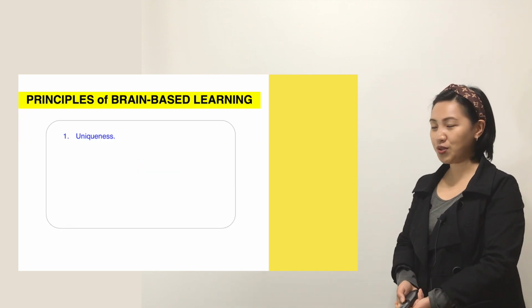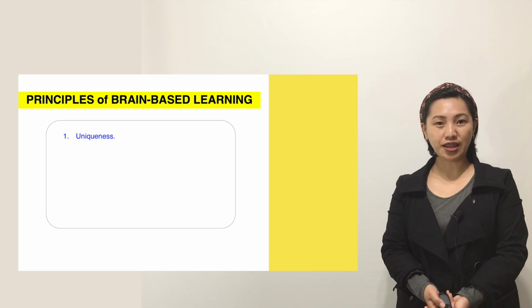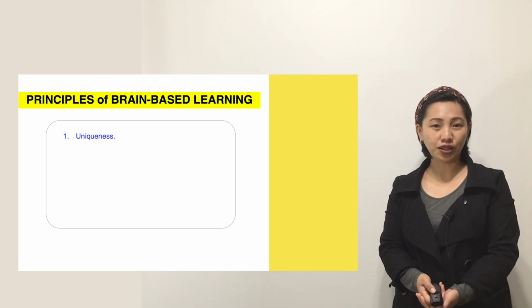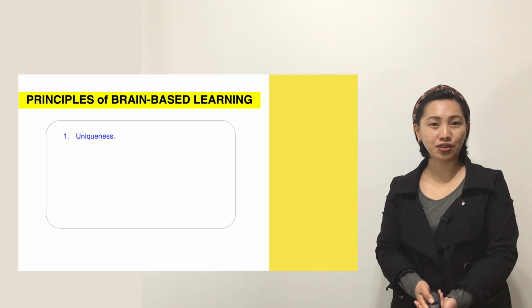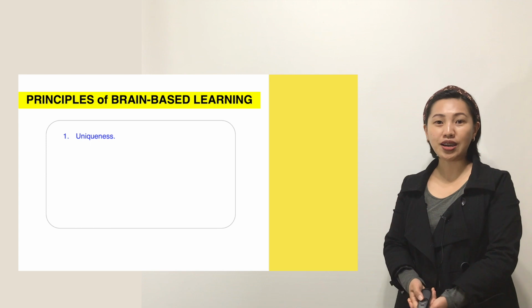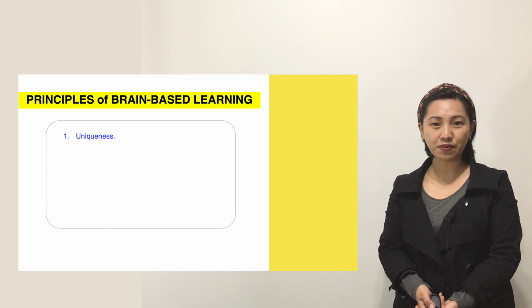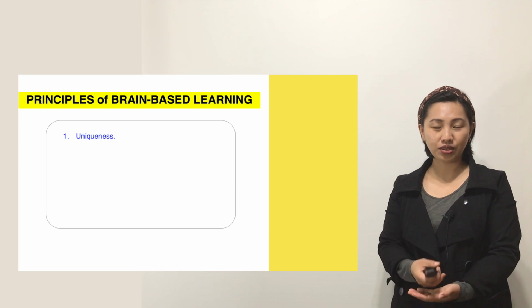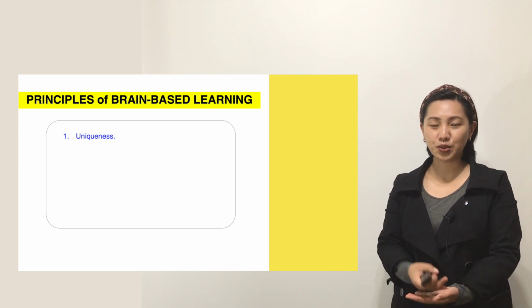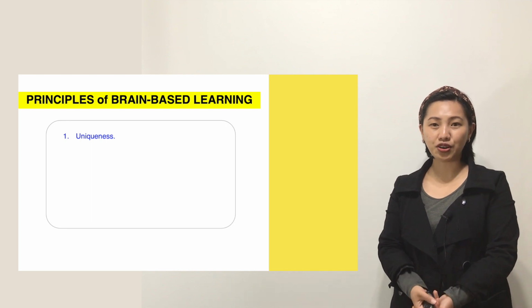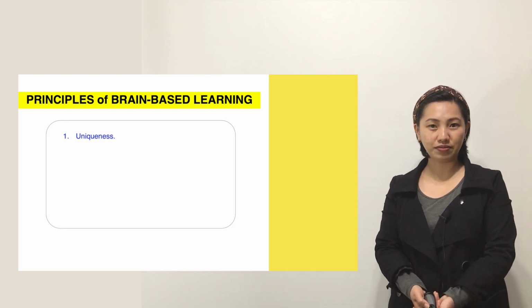The first one would be uniqueness. So every single brain is totally unique, just like the person itself, right? And as we grow, it becomes more unique because of some factors like genes, experiences, interest, even environment, among many others.